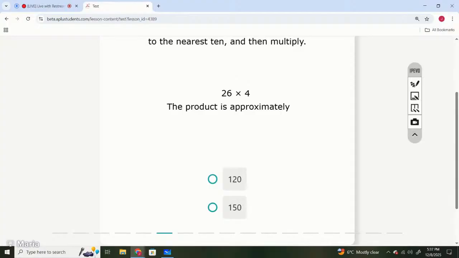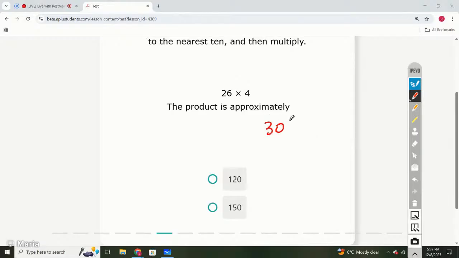26 times 4. 26 is rounded to which 10? 26 is rounded to 30.